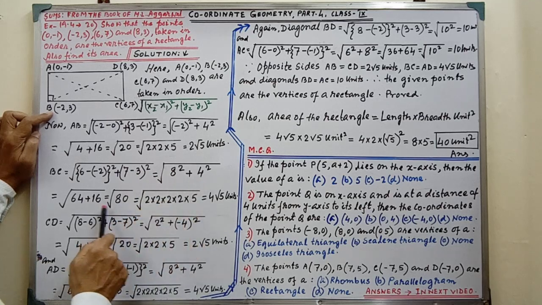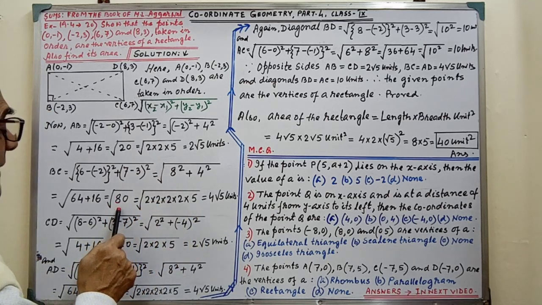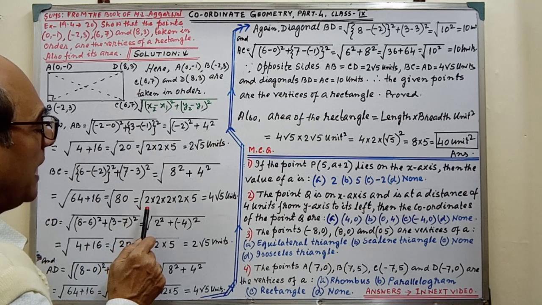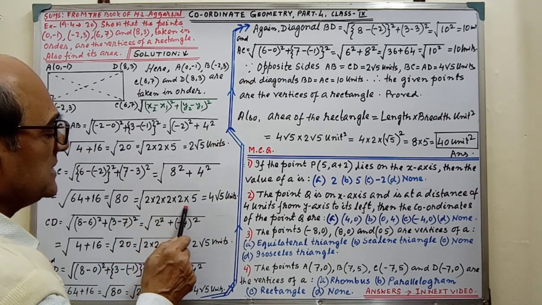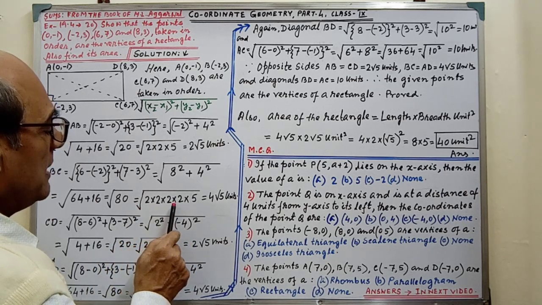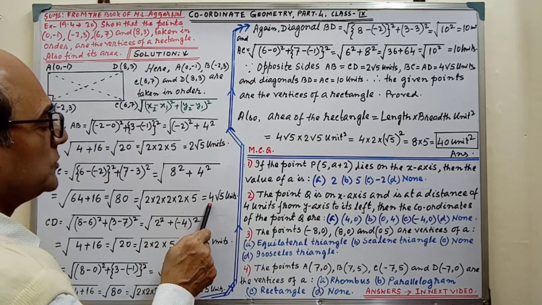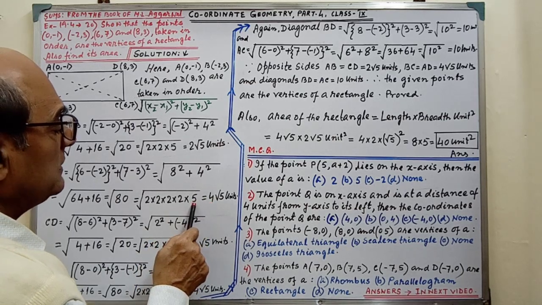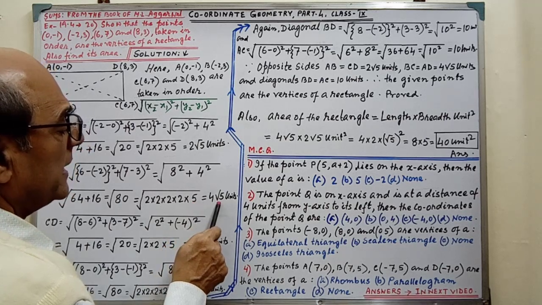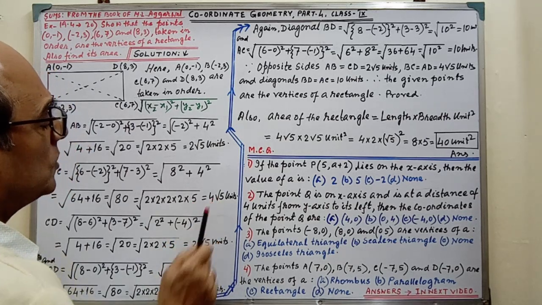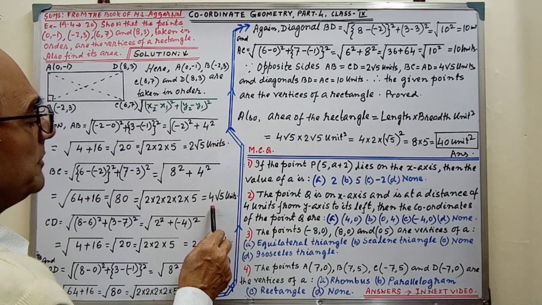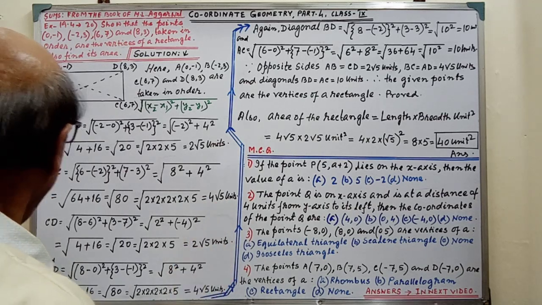Then simplifying we are getting root over 80. Root over 80, by doing LCM we are getting this factor. Then 2 square into 2 square, that is 4. 2 into 2 is 4, and single 5, so here will be root 5. So the length of BC will be 4 root 5 units.